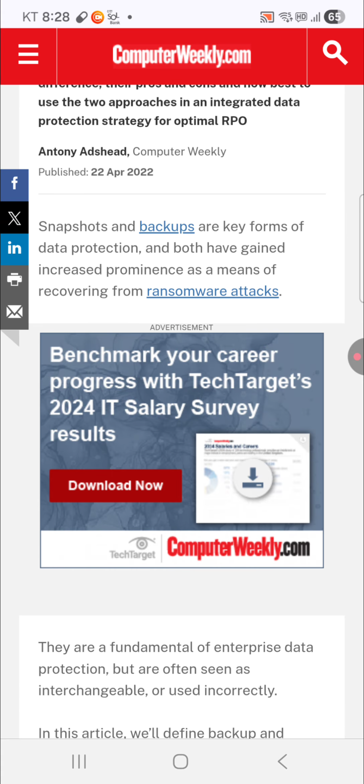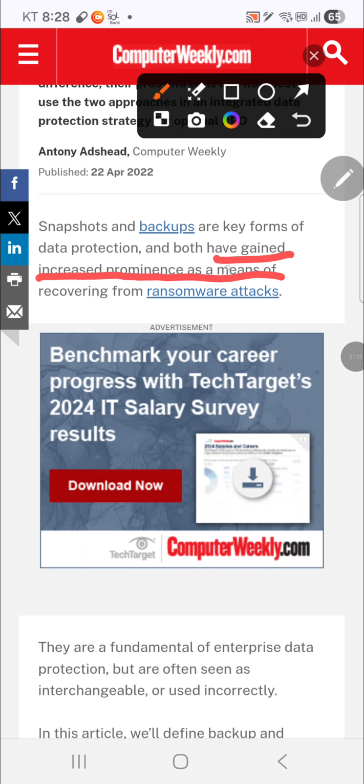Snapshots and backups are key forms of data protection, and both have gained increased prominence as a means of recovering from ransomware attacks.